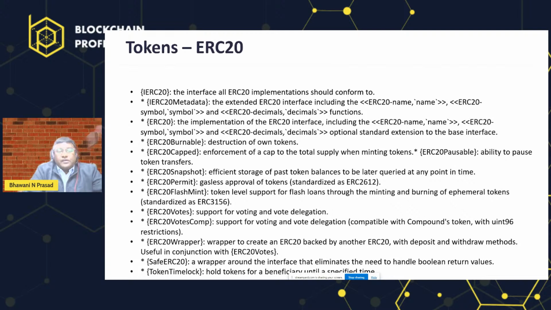This is the primary token standard for all kinds of blockchain smart contracts, for minting tokens, storage approvals, token-level support for flash loans, or support for voting delegations. This is fundamental; we have to use it.